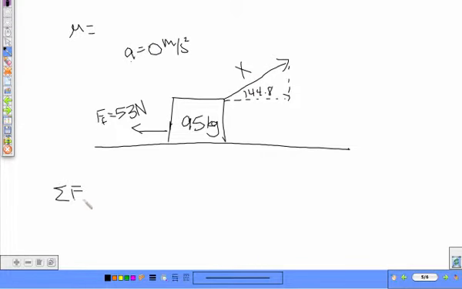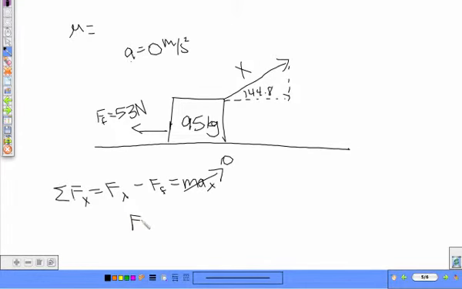Yes. So we can find F of x, because we know F of x minus F of f is equal to m a x, correct? This is 0, though, because acceleration is 0.